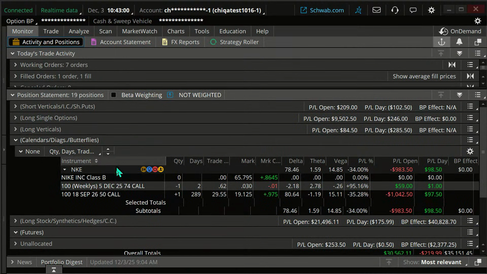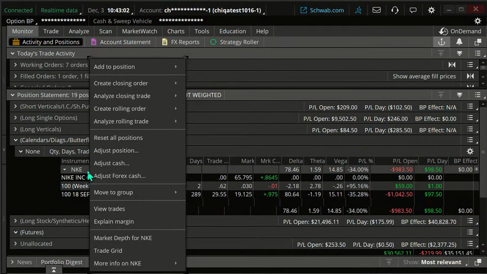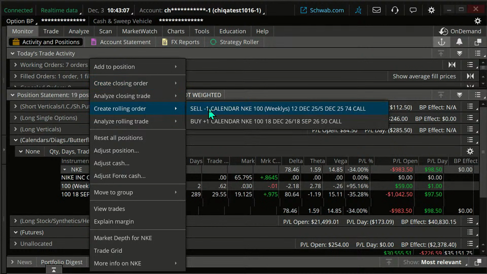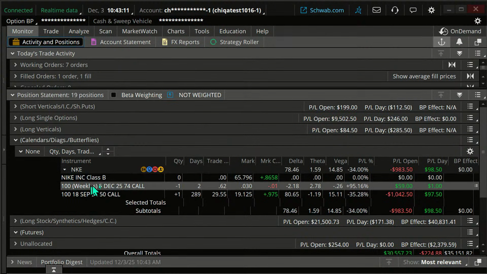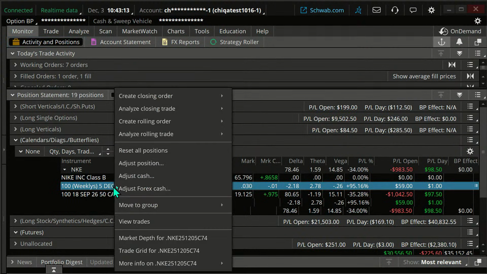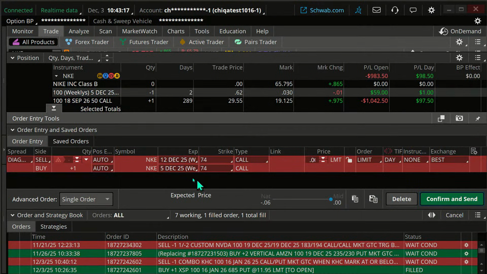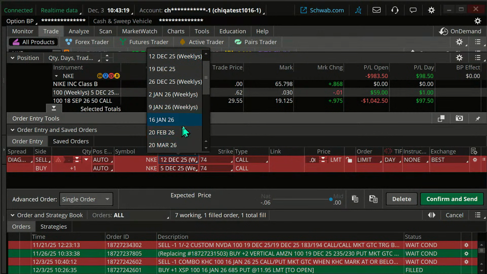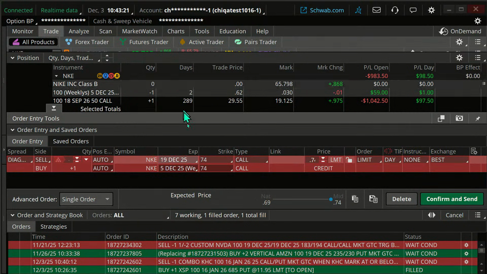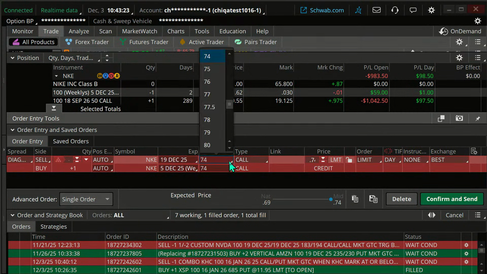So let's roll this. I'm going to create a rolling order. And we're going to go out to December 19th. And we're going to make it a 72.